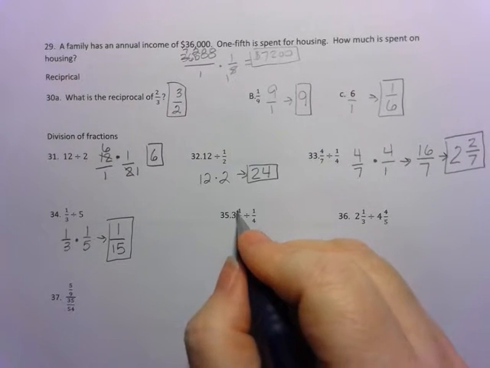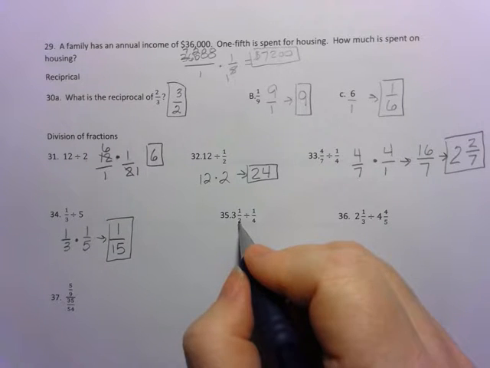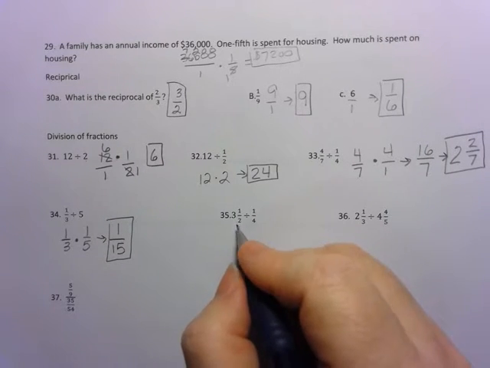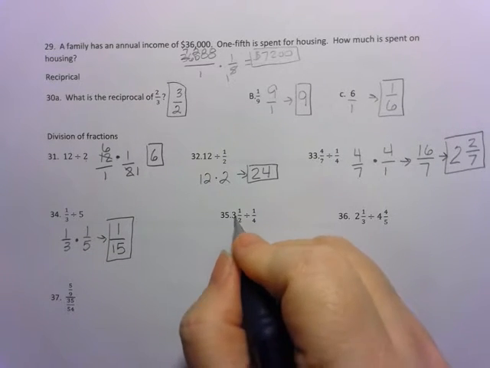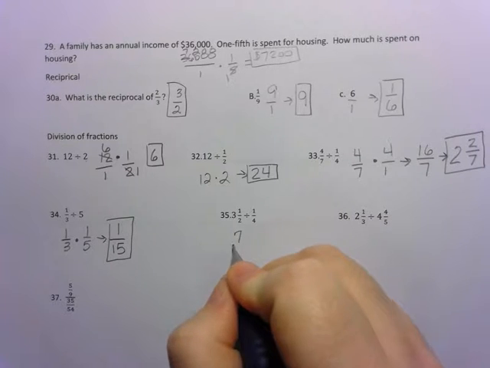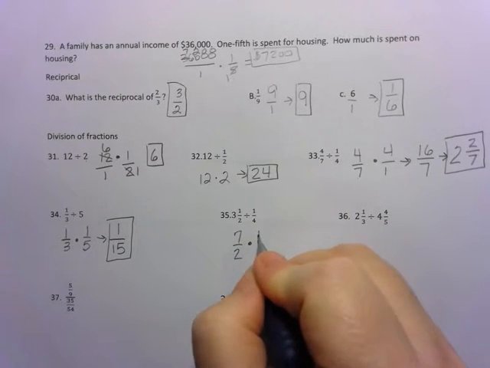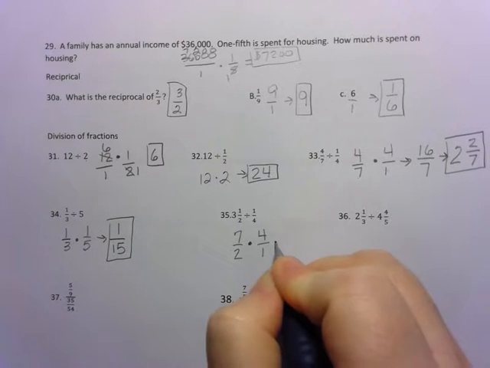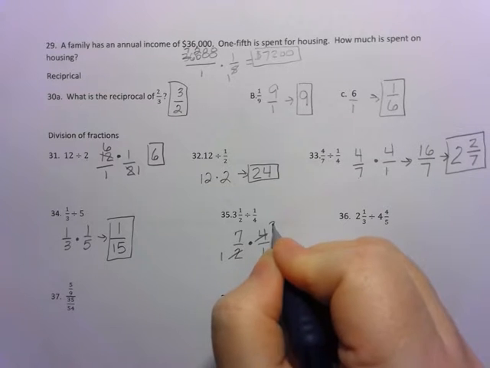I'm going to put this as an improper fraction because it's easier to add, subtract, multiply, and divide with an improper fraction. So I'm taking my mixed number to an improper fraction. 3 times 2 is 6, plus 1 is 7 over 2. I'm going to multiply by the reciprocal. 2 goes into 2 once, 2 goes into 4 twice.